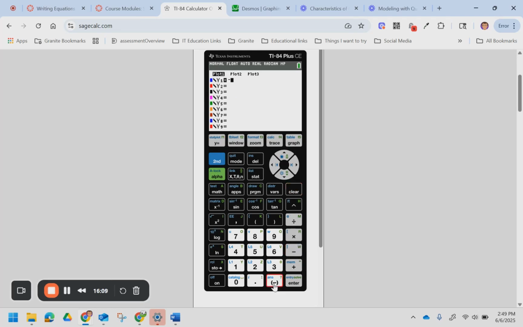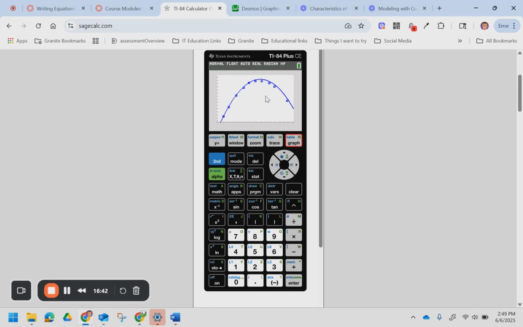Down here is where we do negatives, 0.014 x to the power of 2 plus 1.37x, or sorry, minus 7.1. All right, so let's graph it. All right, that looks like a pretty good match.